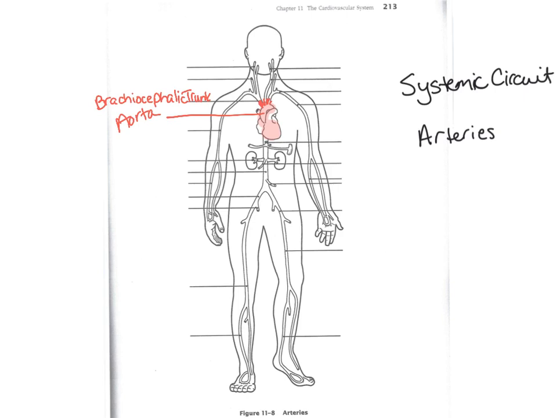Okay, and then the second one right there, that one is called the left common carotid artery. And then that third one right there, that branch is called the left subclavian artery.